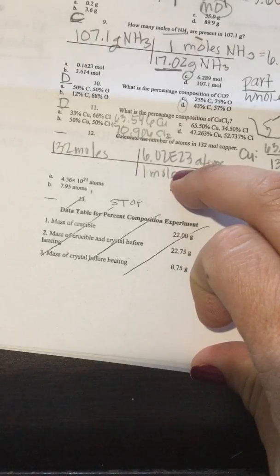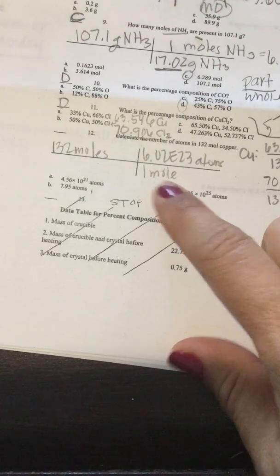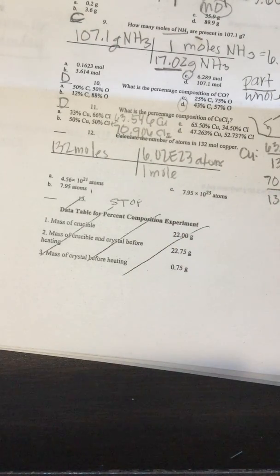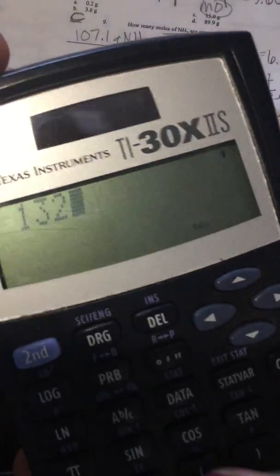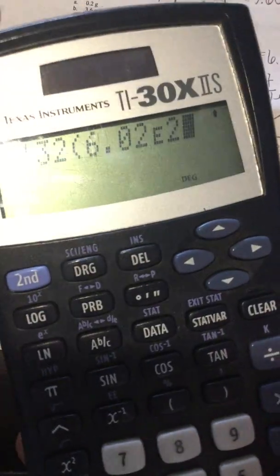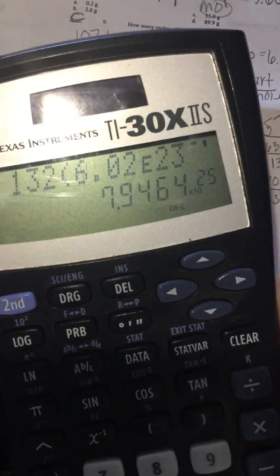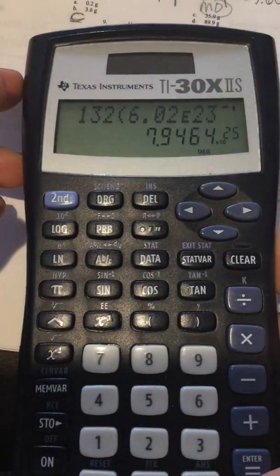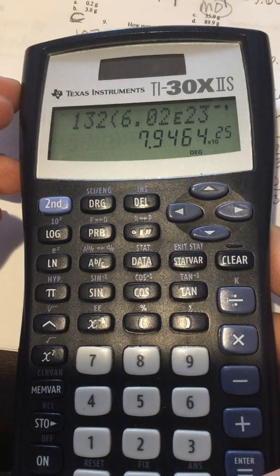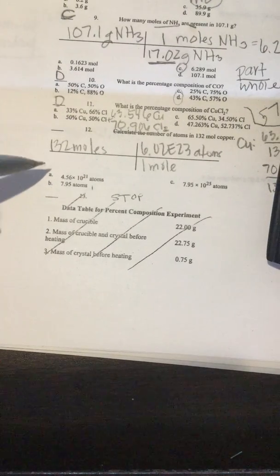Anytime you see atoms, molecules, ions, pieces, particles, use Avogadro's number. So are we multiplying or dividing this? Multiplying. So it's 132 times Avogadro's number. Okay, I see 7.9 times 10 to the 25. So the answer is C.